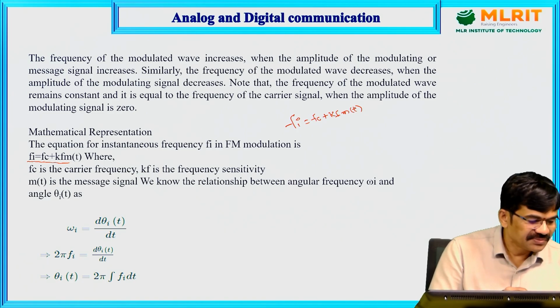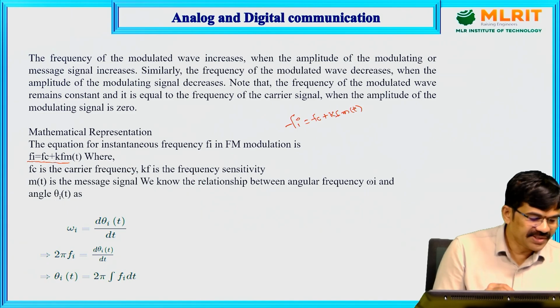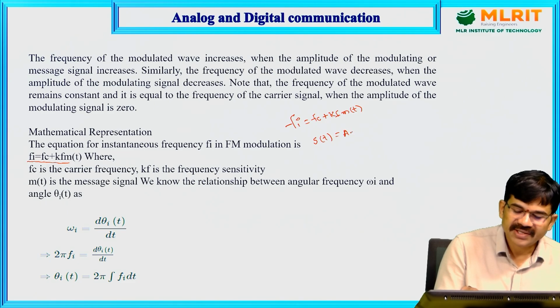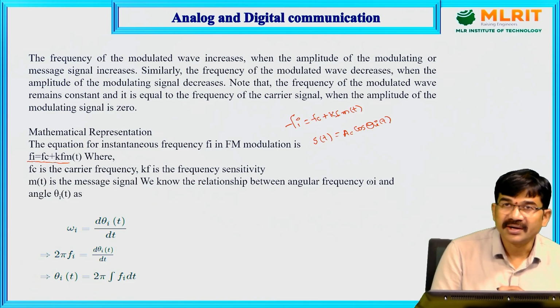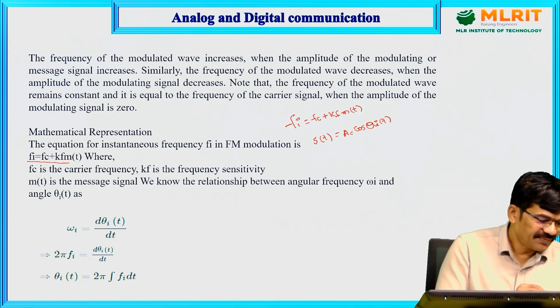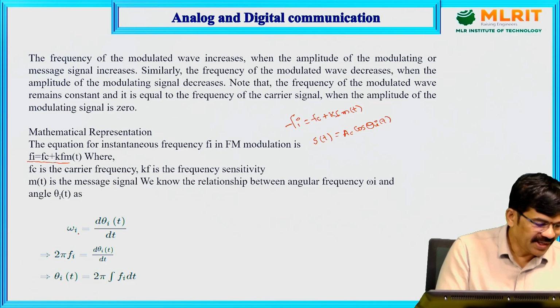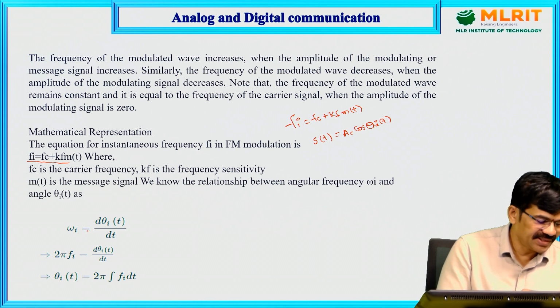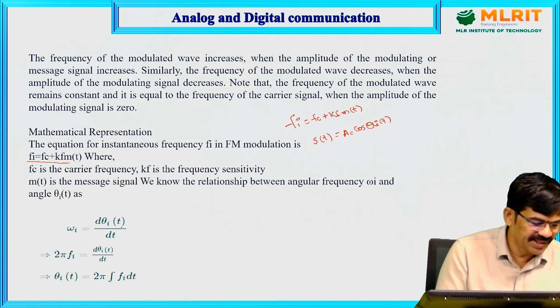Now for the angle modulated signal, we know S of t is Ac cos theta i of t. First let me take omega i, the instantaneous angular frequency, which is d theta i of t by dt.